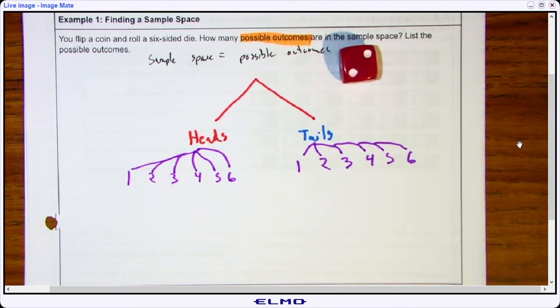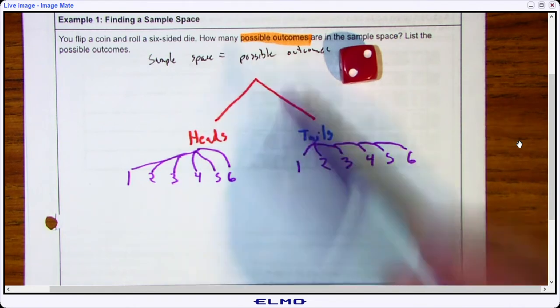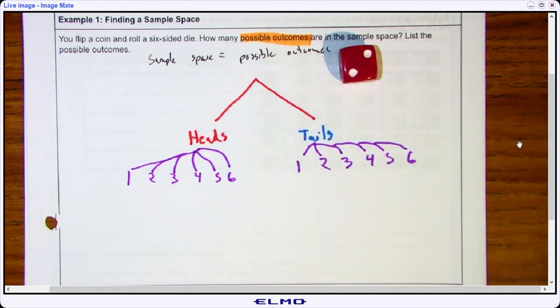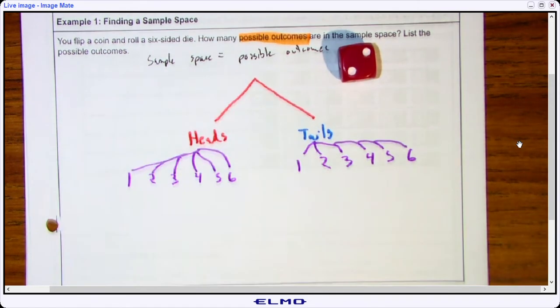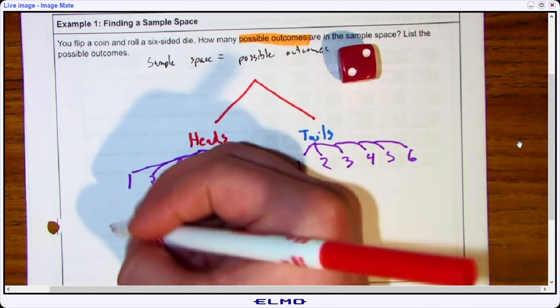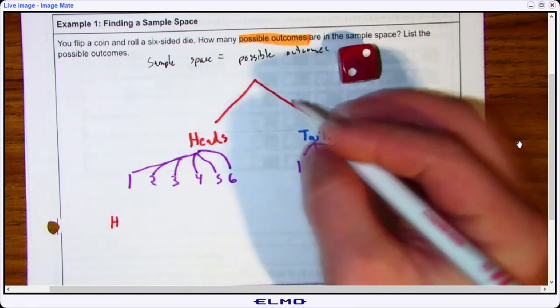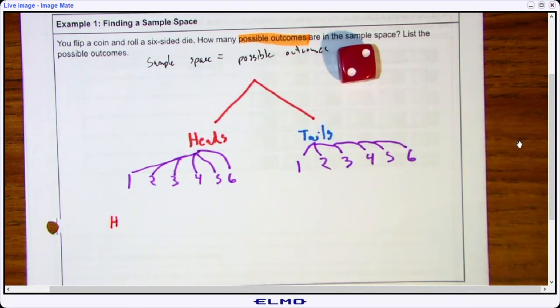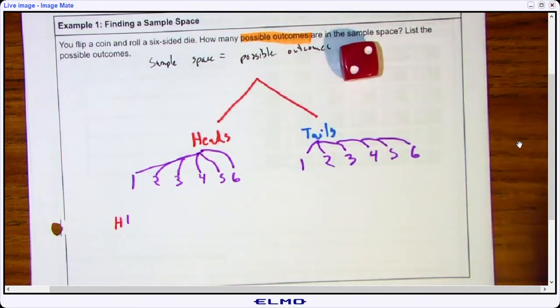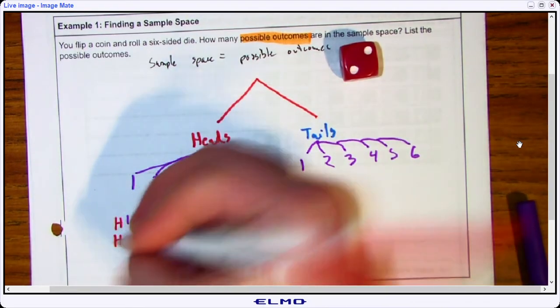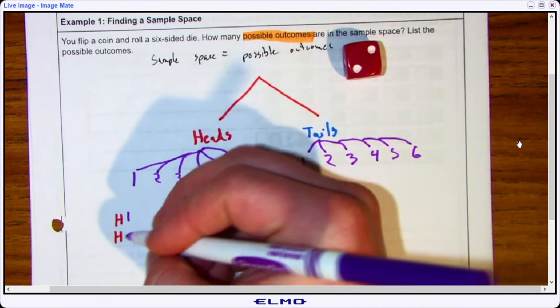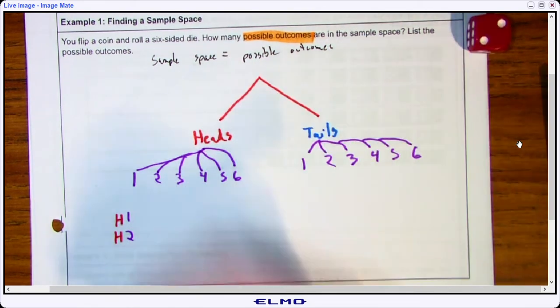So these options, all of them together are sample space. It's what's possible, right? So what could be our possible outcomes for this? Well, we could flip a heads, so we're going to list them all. We could flip a head on the coin and then roll a 1. Or we could flip a head and then roll 2, and so on and so forth, right?